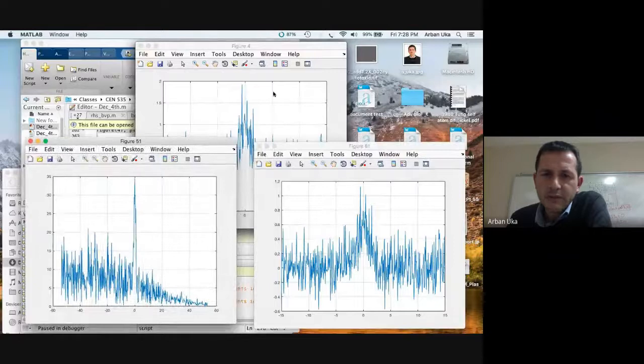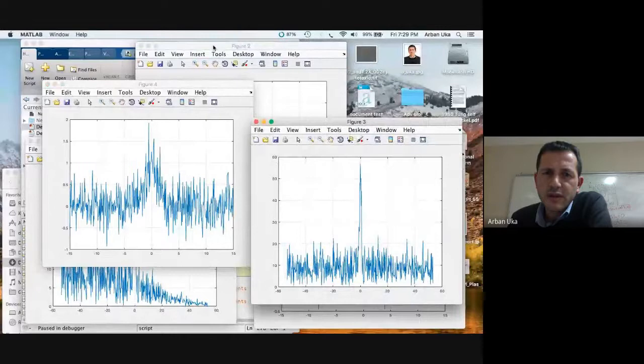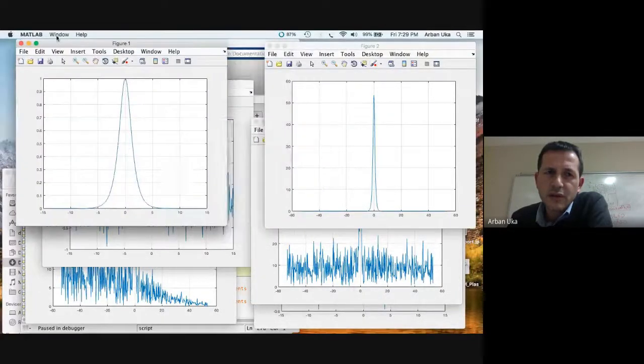This is 51, but as you can see here, let's try to separate these. 1 was the original signal, no noise, that's good.